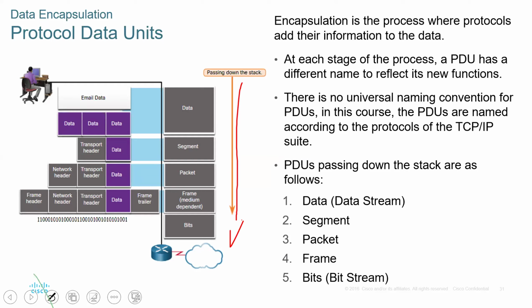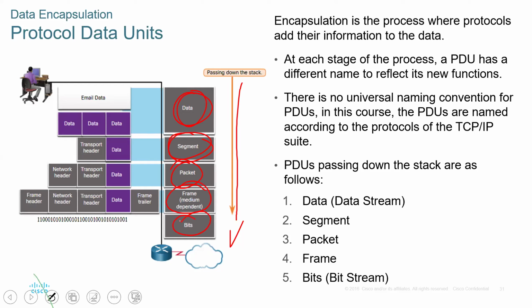For instance, in the application, presentation and session layers, the PDU is known as data. In the transport layer, the PDU is called a segment. In the network layer, it is called a packet. In the data link layer, it's called a frame. And in the physical layer, it's called bits.